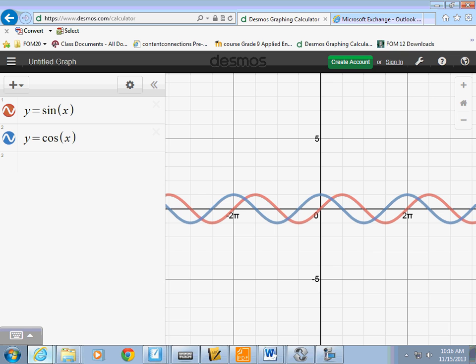It's at negative 1, sorry, I went too far over. And then 3 pi over 2, which is here, I'm back at 0, and then at 2 pi, I'm back at 1. So let's see how that compares with the unit circle.